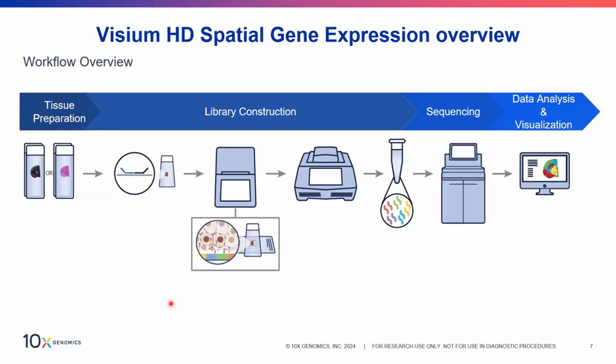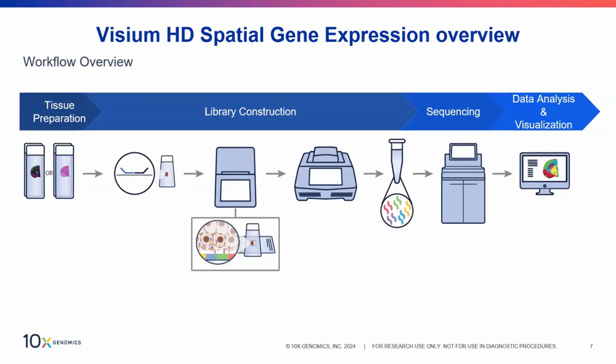Then in the next step, the 2 glass slides that you started out with and the Visium HD slide are placed in the CytAssist instrument, which aligns your tissue sections to the Visium HD capture areas. Then an image is taken in the instrument to show the orientation of your tissue relative to the capture area, so you can analyze your data later on.